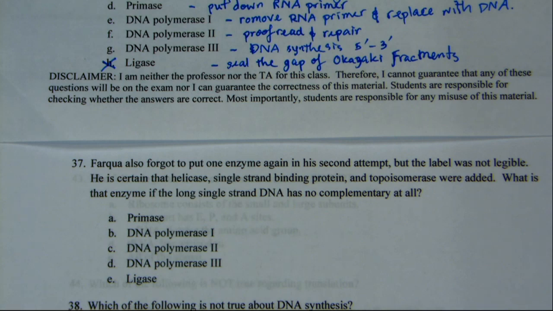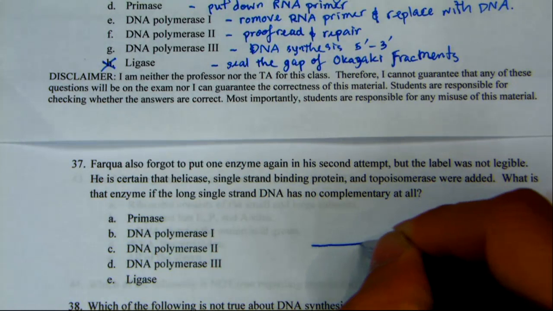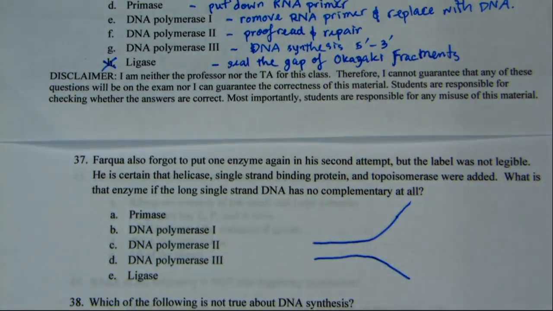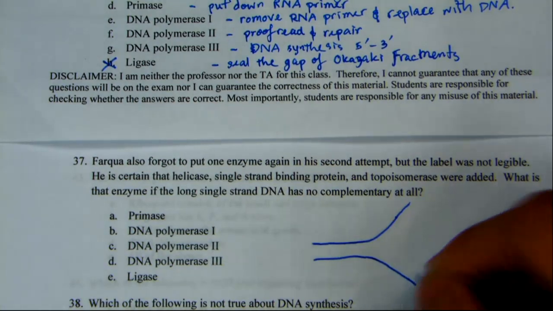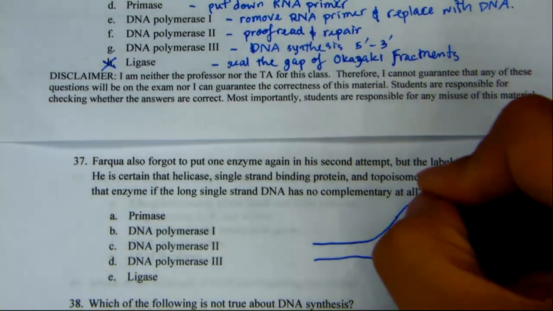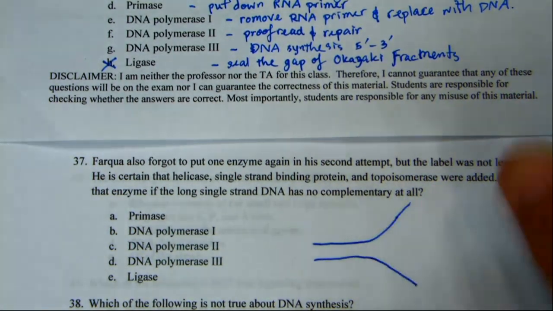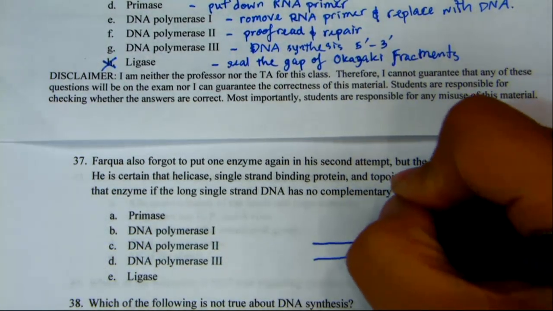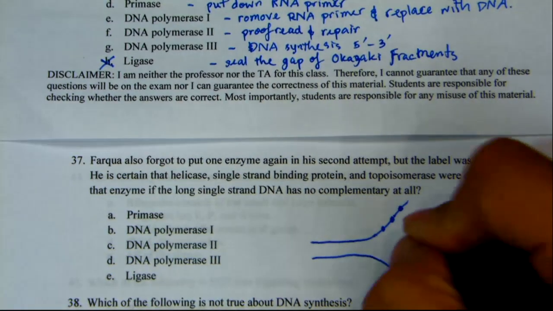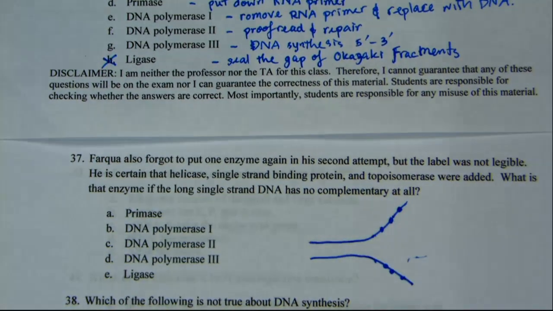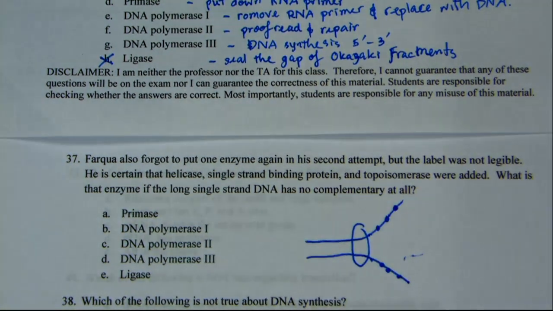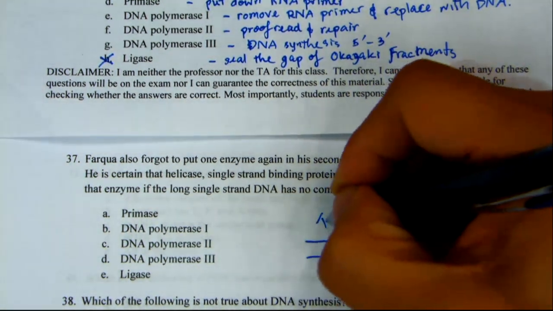Okay, so if we look at this, this is after the DNA split. As a result of the helicase, the single-stranded binding proteins pin down each of these single strands. And here is where topoisomerase comes in.